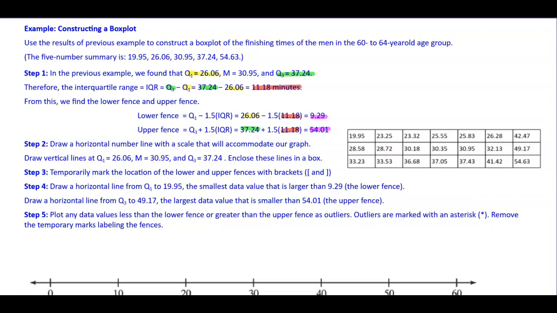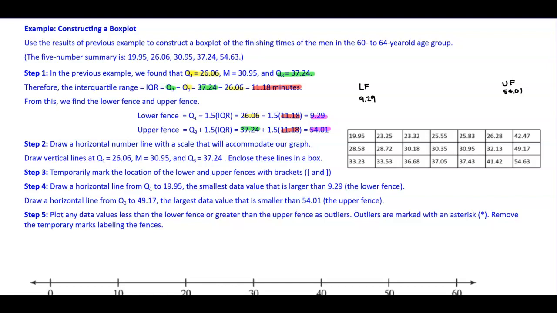So if we take a look at our data, our lower fence is 9.29, and our upper fence is 54.01. So what we need to do is determine, are there any outliers?